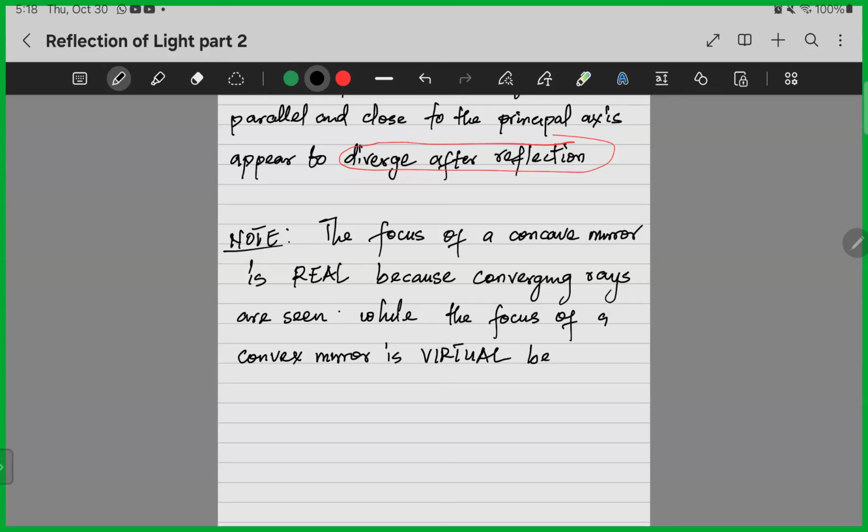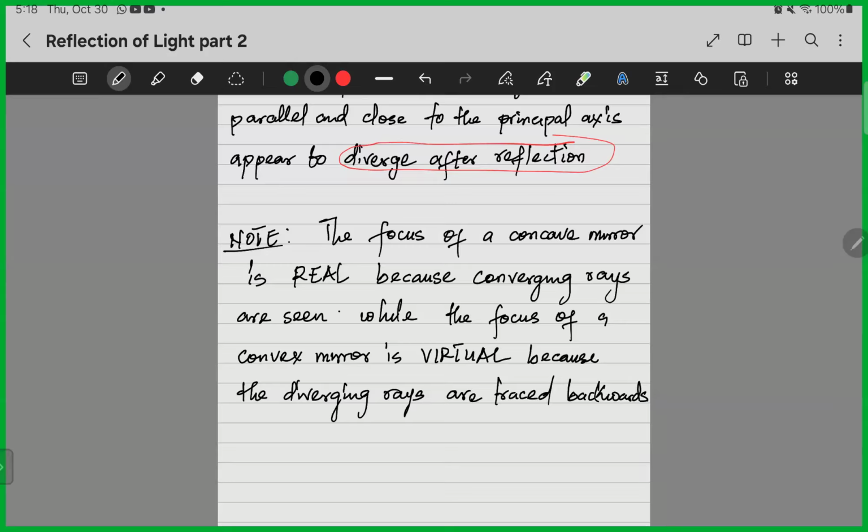Because the diverging rays are traced backwards. Do you see the idea?